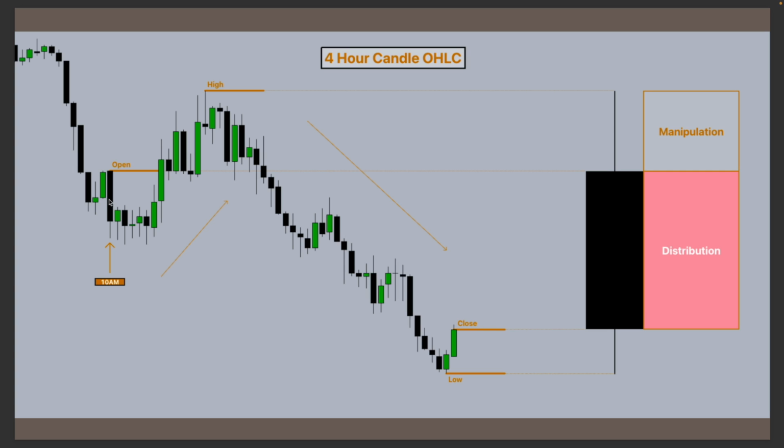You don't want to short this because, one, we're already in a discount and you don't want to short in a discount, but we expect price to get back up to a short-term premium, serve as the high of the wick for the 4-hour candle before distributing lower to sell side objectives. Okay?